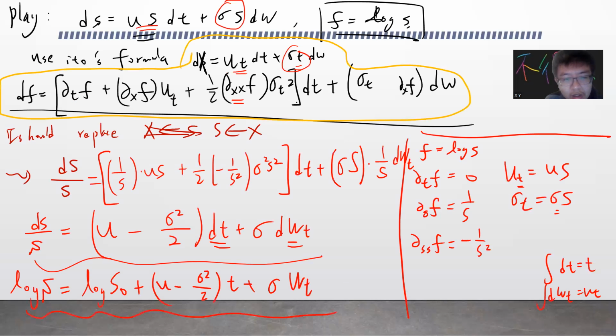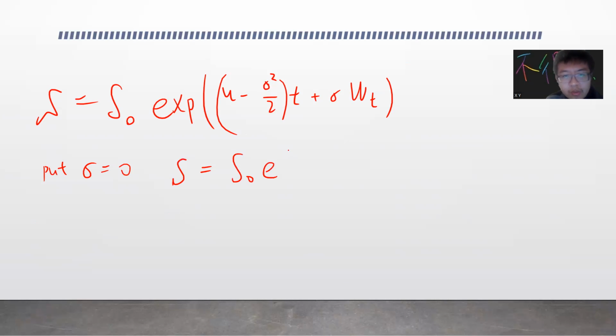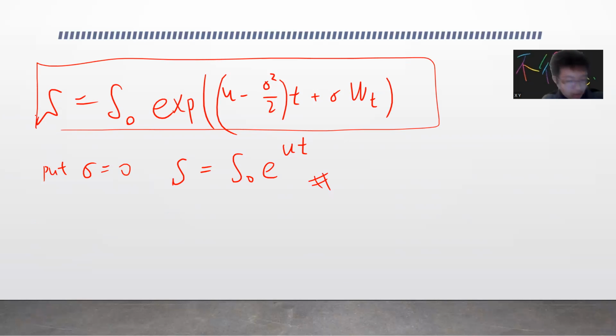We can write out our final result as s0 times exponential of mu minus sigma squared divided by 2 times t, plus sigma Wt. And it's true: if you put sigma to be 0, then you get our very simple result.